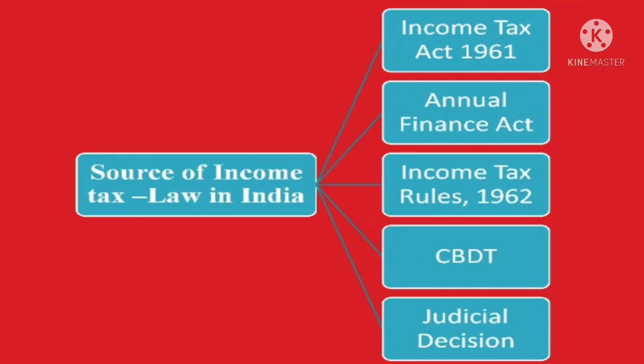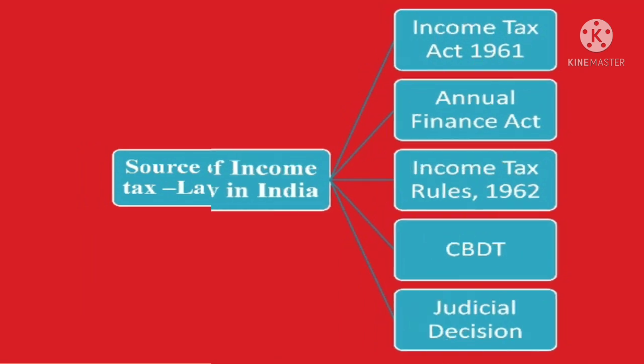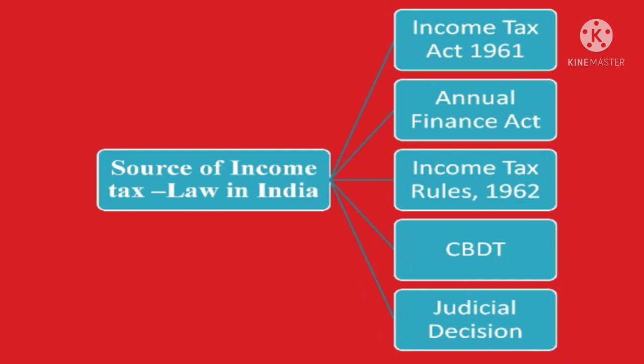I hope the Income Tax Act 1961 we have discussed earlier is clear for you. Then comes the Annual Finance Act and Income Tax Rules 1962. Now you may be wondering what the CBDT actually is. CBDT means the Central Board of Direct Taxes, which is the apex body of tax in India. While performing its functions upon persons regarding income tax matters, the income tax authority should consider the clarifications and circulars issued by CBDT.